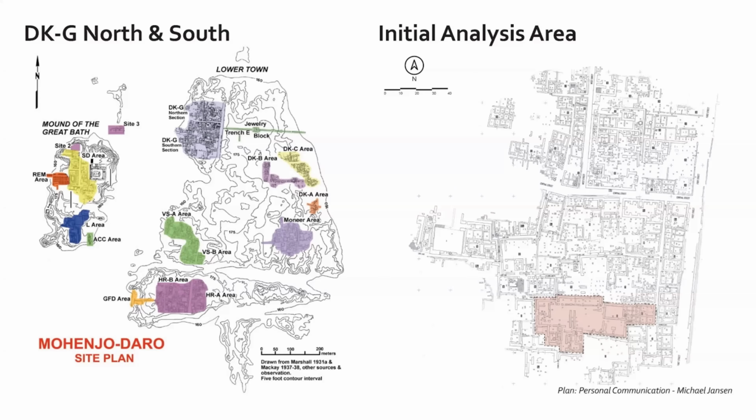Now, the study presented here relies on the archaeological excavations conducted under the guidance of Ernest Mackay. This is an important part of how we're rebuilding this. Large-scale excavations started in the DK area in December of 1927, and went on until March 1928.